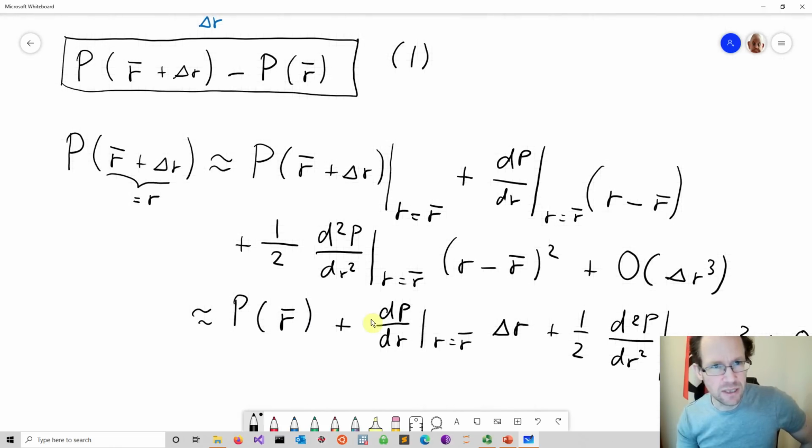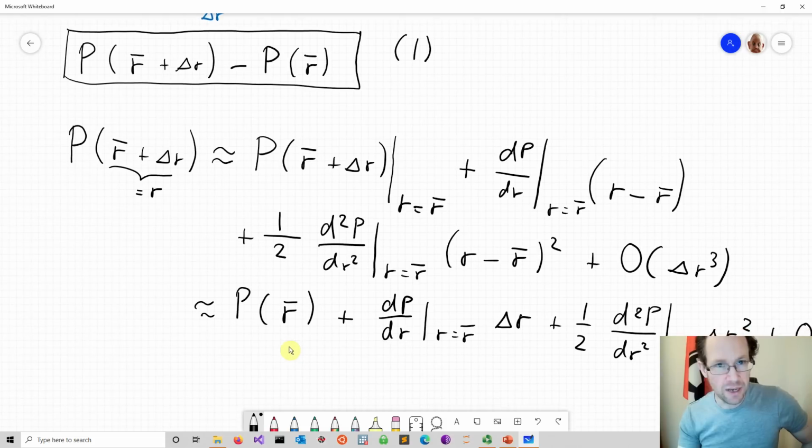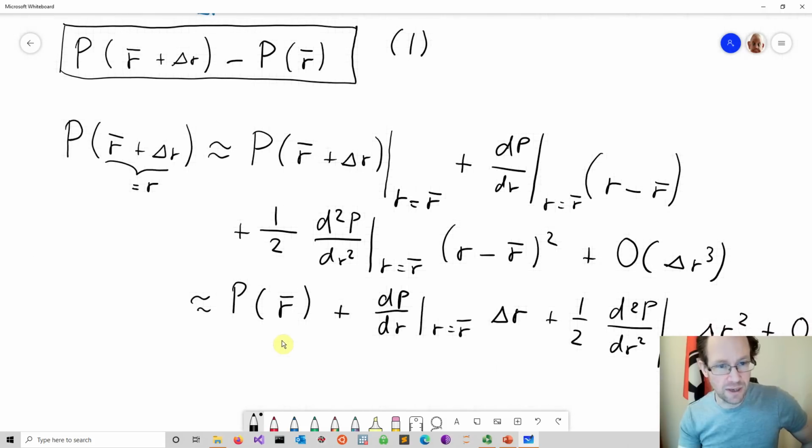Now when we look at equation 1 and the approximation I obtain here, I of course see that my measure of a price change can be written as follows.